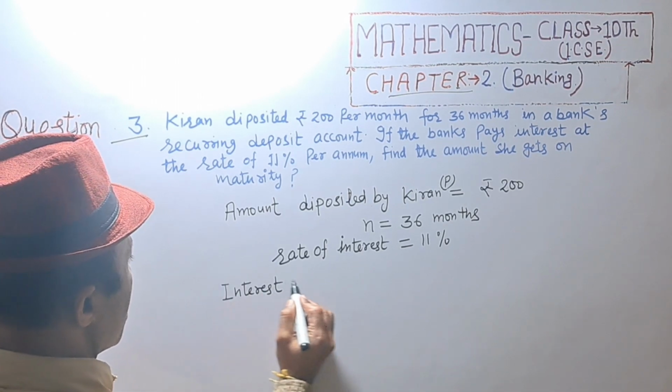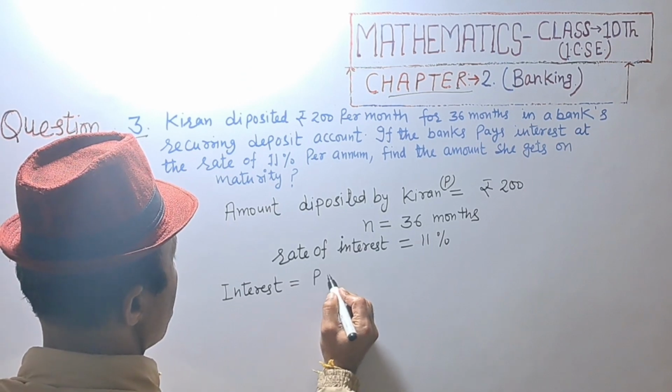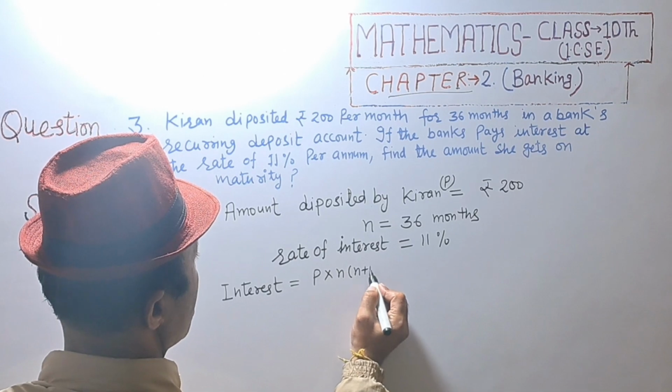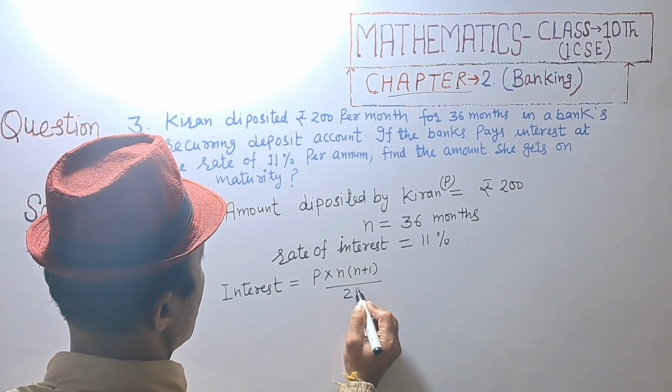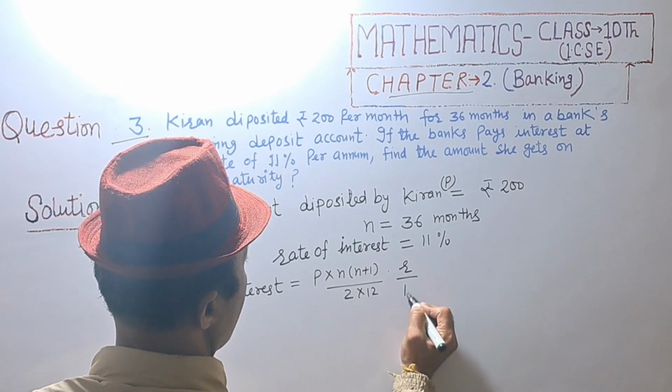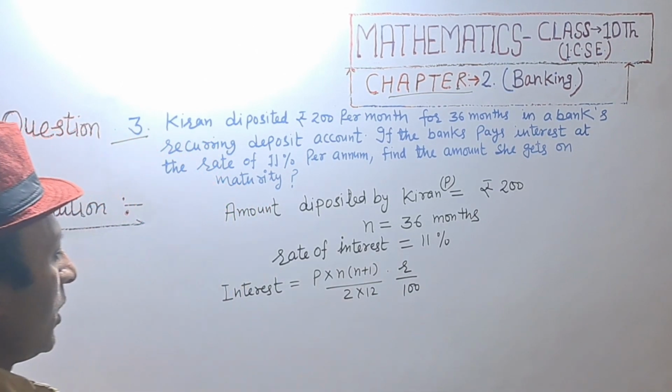Interest is equal to P into N plus 1 divided by 2 into 12 into R upon 100.